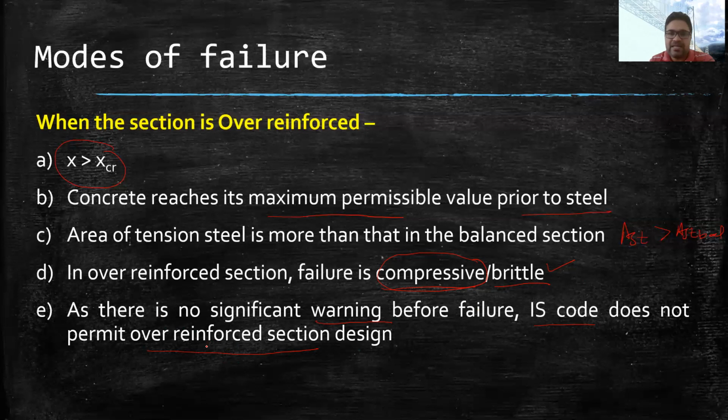Designing a balanced section is very difficult, because how much reinforcement will be required is hard to determine, and the limit of reinforcement given in the IS code again refers to designing the under reinforced section. So from now onwards we will design our beam section as an under reinforced section only.